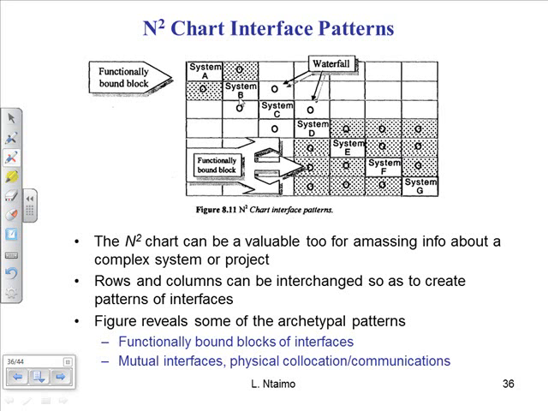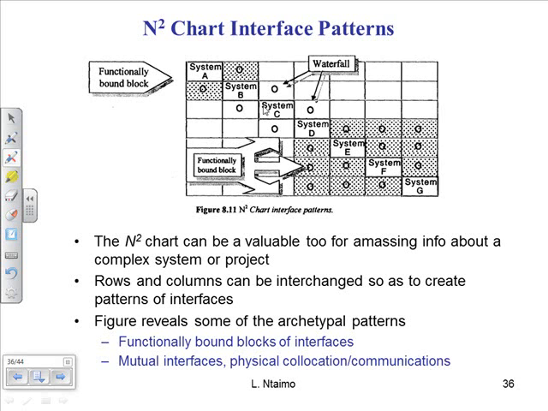A and B should be adjacent because there will be a lot of communication there. D, E, F, and G, maybe they should also be put together somewhere, right? And what can you say about C? C is by itself, it's in between, right?